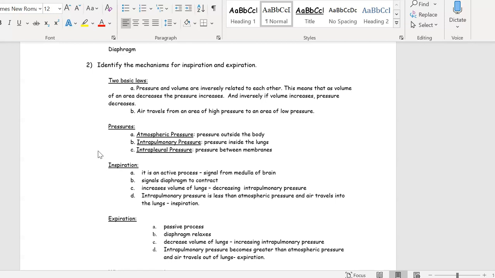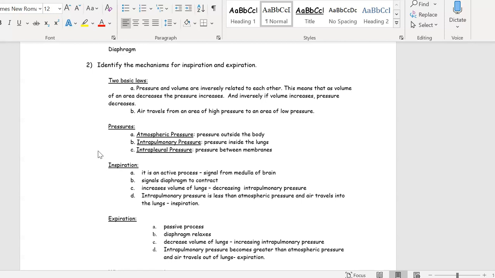There are two basic laws, so I'm pretty much just repeating this, but then I'm going to show you a picture that will hopefully help. Pressure and volume are inversely related to each other. So what that means is that as you decrease the volume of an area, the pressure increases. So take a balloon that is filled with air and tied at the top.